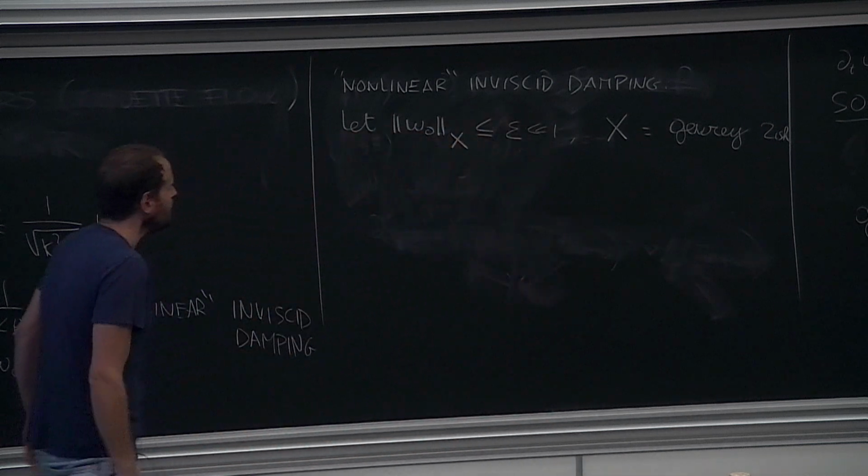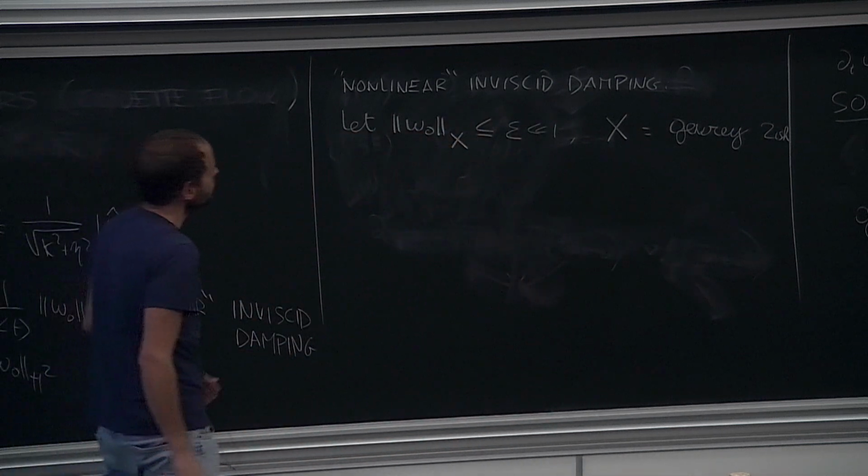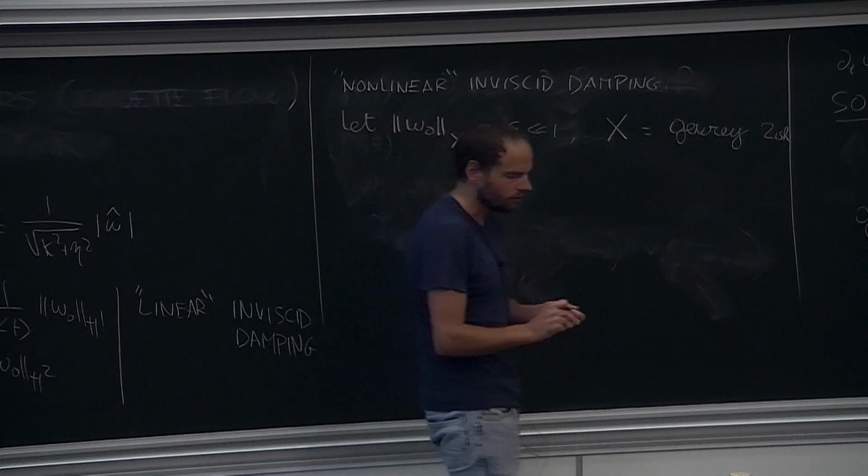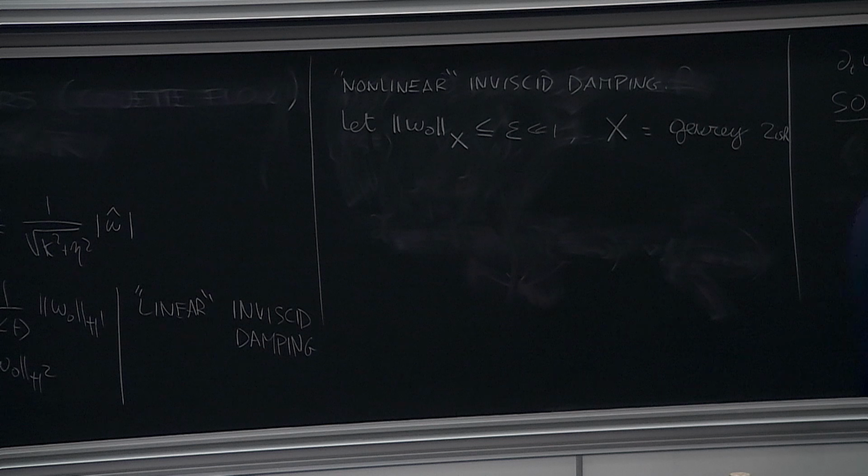You can get exactly to 2, in fact. So the initial perturbation near the Couette flow is of infinite regularity and is small.